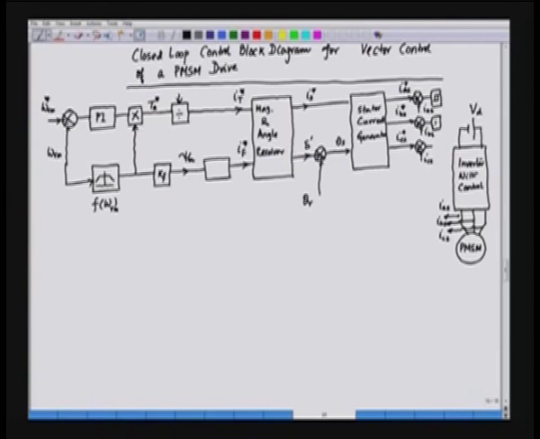For the 3 phases, we can have 3 hysteresis controllers, and this will be giving the signals for the inverter. So, we can say this is the inverter gate drive signal. So, this is how we can generate the signal to the gates of the transistors or IGBTs of the inverter.